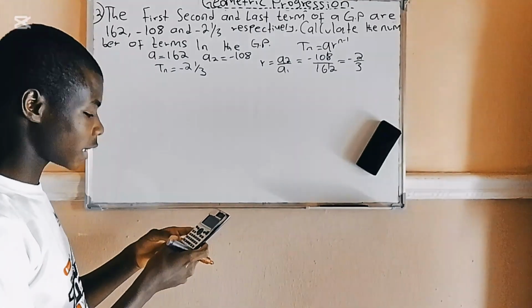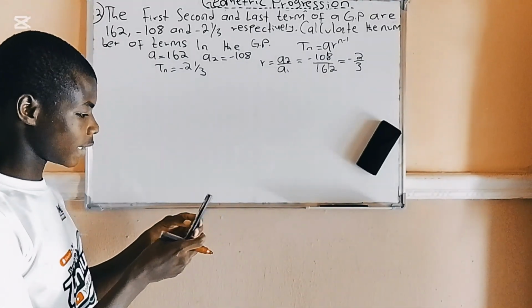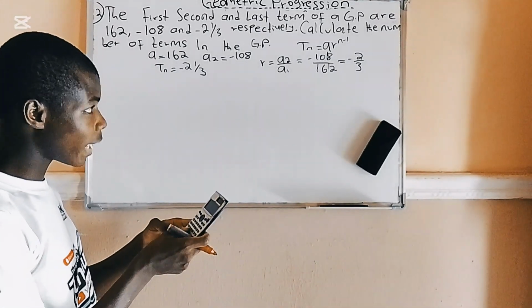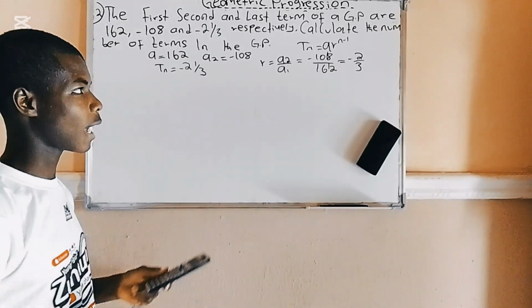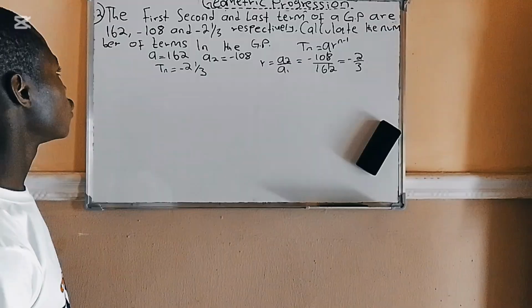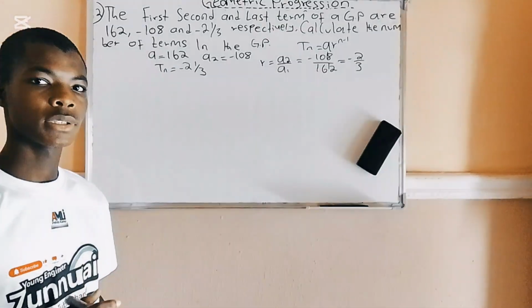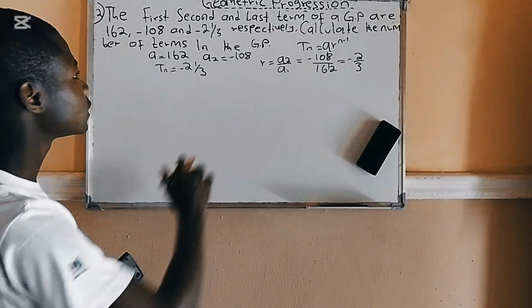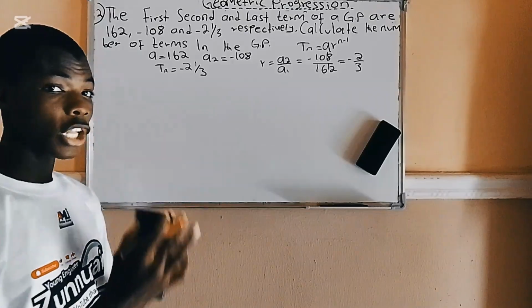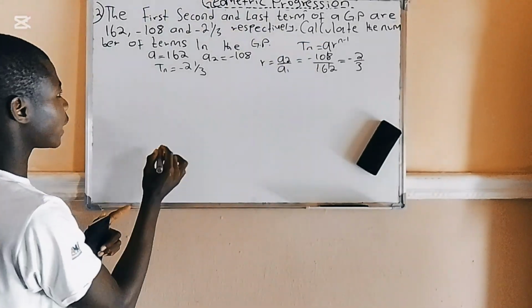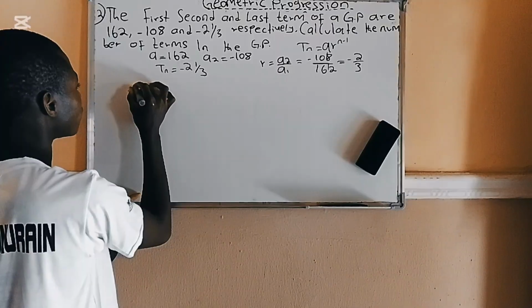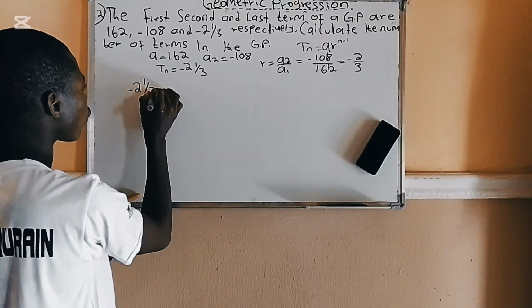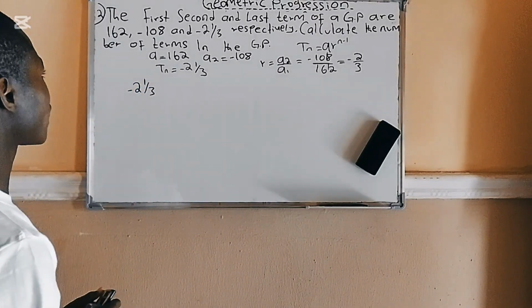But let me cross check it and see. If I divide minus 108 by 162, yes, this is the right answer. So I have to substitute and calculate the number of terms. The T of n is the last term, minus 2 whole number 1 over 3.